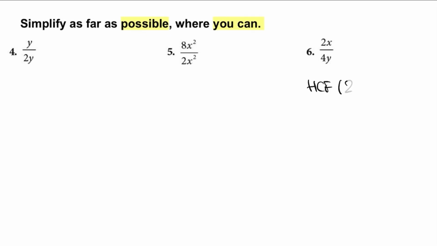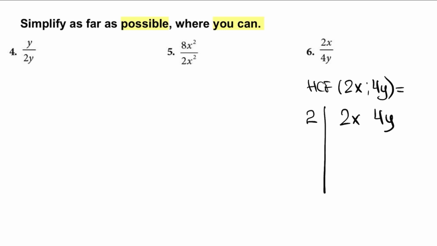Highest common factor of 2x and 4y. We have 2 and 4, which are both even numbers. So let's divide both of them by 2. 2x divided by 2 equals x. 4y divided by 2 equals 2y.